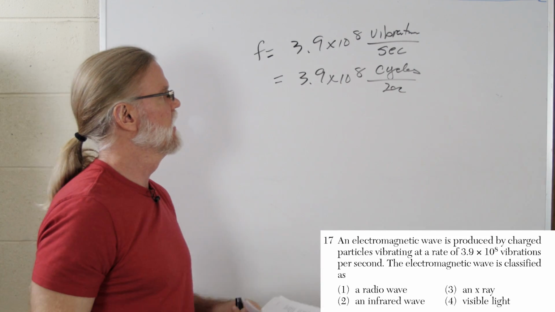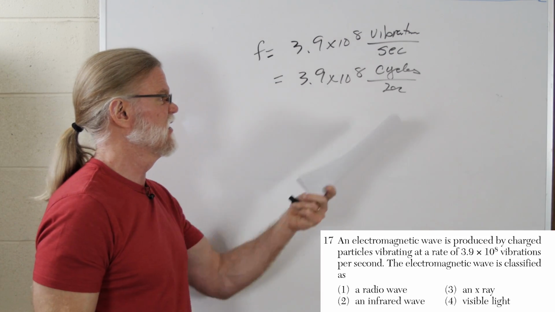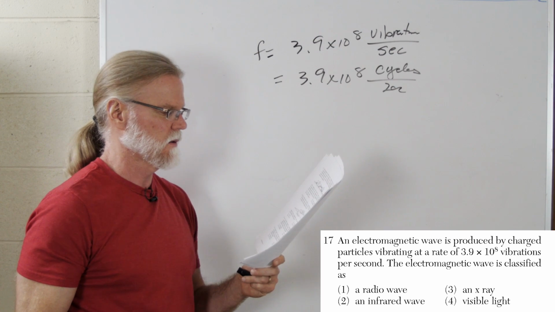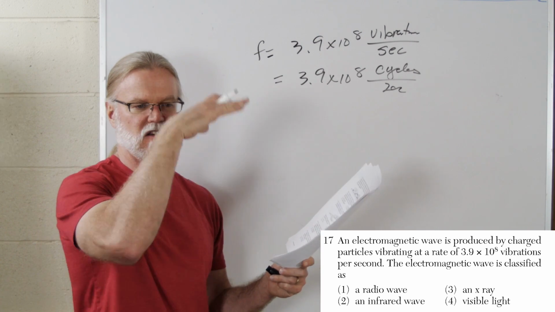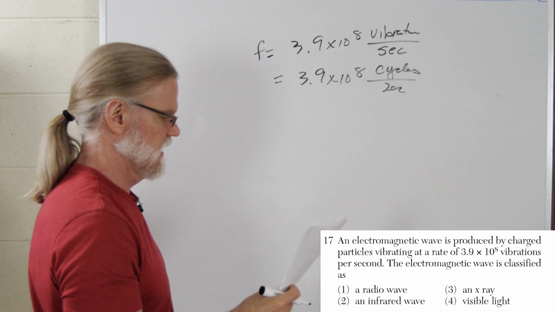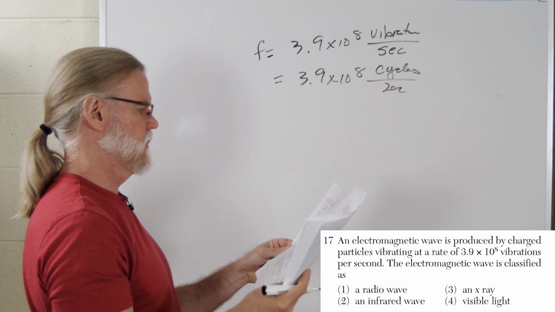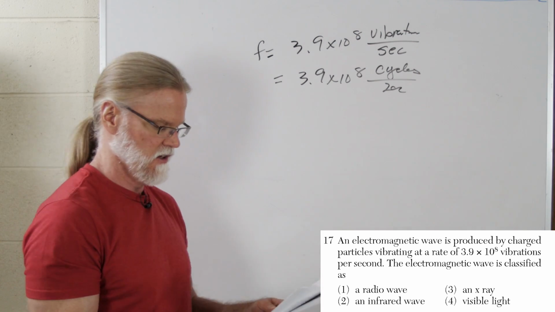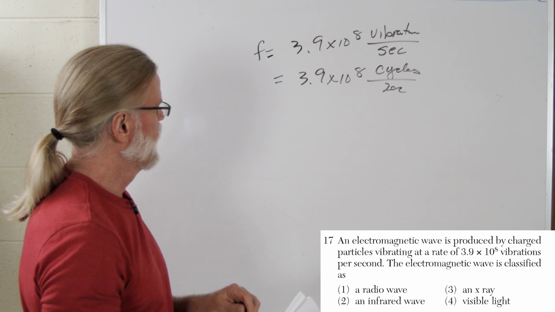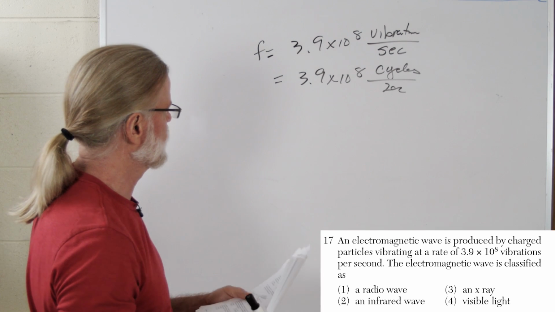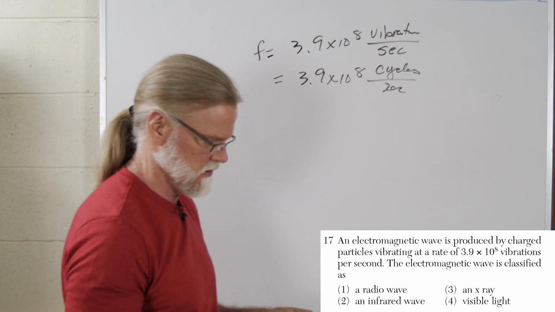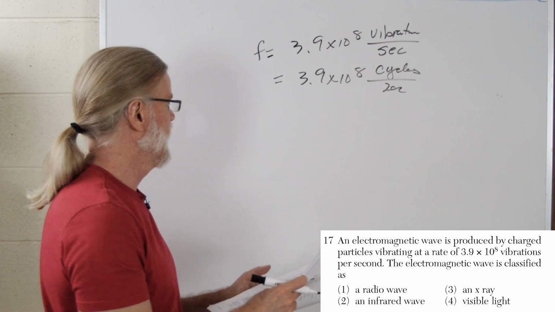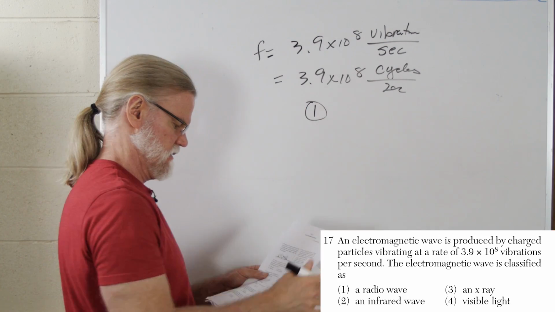So I could use a better wave term there, cycles. Okay, so these oscillations are going to cause an electromagnetic wave. All electromagnetic waves are due to accelerating charged particles. So let's see. What wave has 3.9 times 10 to the 8th cycles per second? It's looking like radio waves. That's one radio wave, I guess.